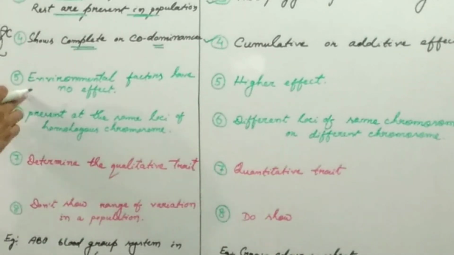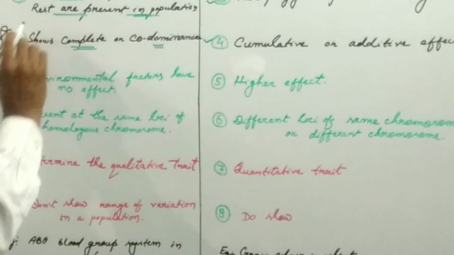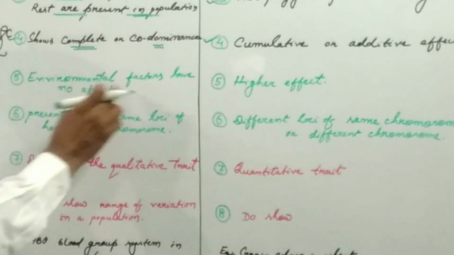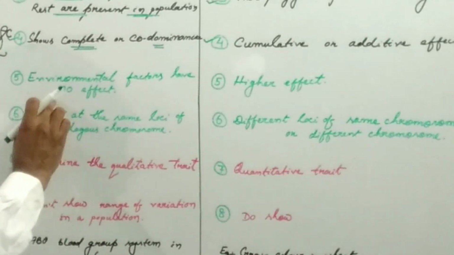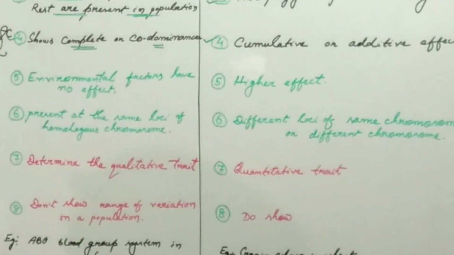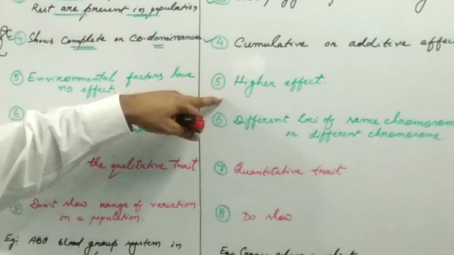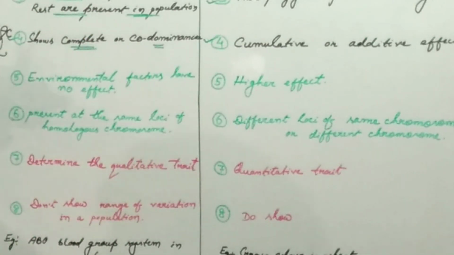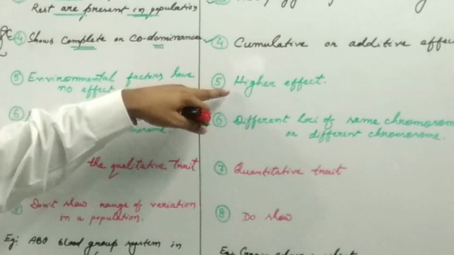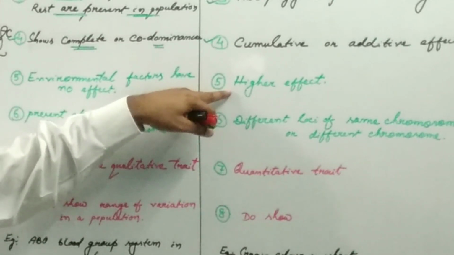Now come to the other point, point number 5. Environmental factors have no effect. So in determination of blood group, there is no effect of environmental factors. But in polygenic inheritance, for example skin color of humans, it may be highly affected by environmental factors.